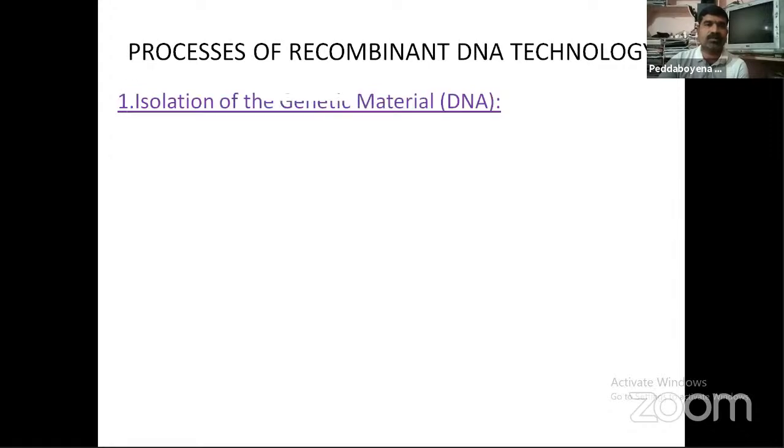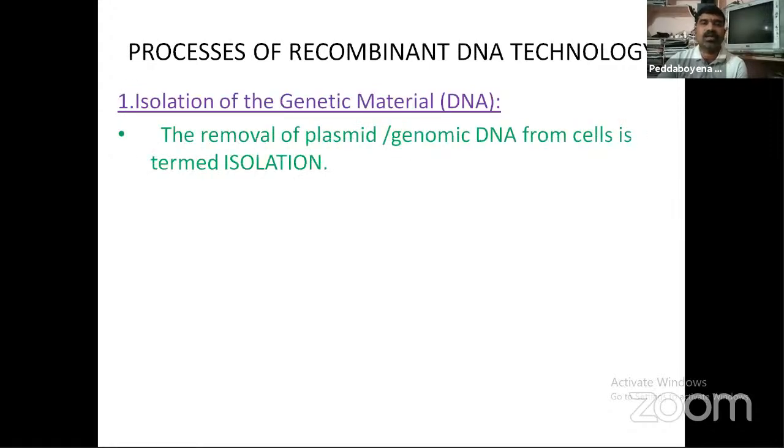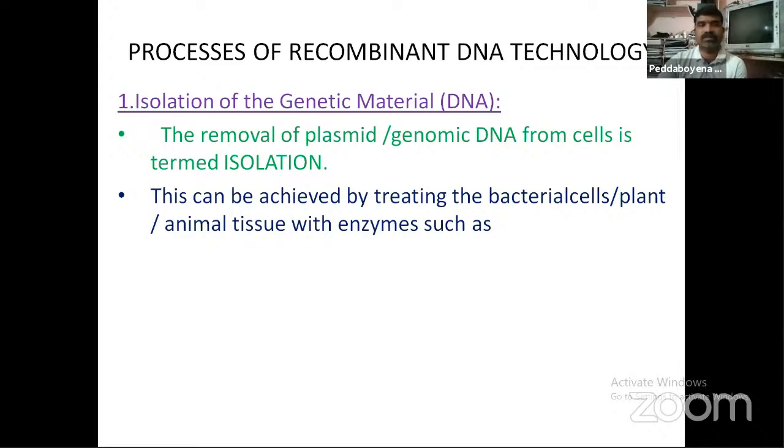Here you are observing the removal of plasmid or genomic DNA from cells is termed isolation. Isolation means that from the cells, the DNA which you want can be removed by this process. Isolation means separation or removal. The removal of plasmid or genomic DNA from cells is termed isolation.